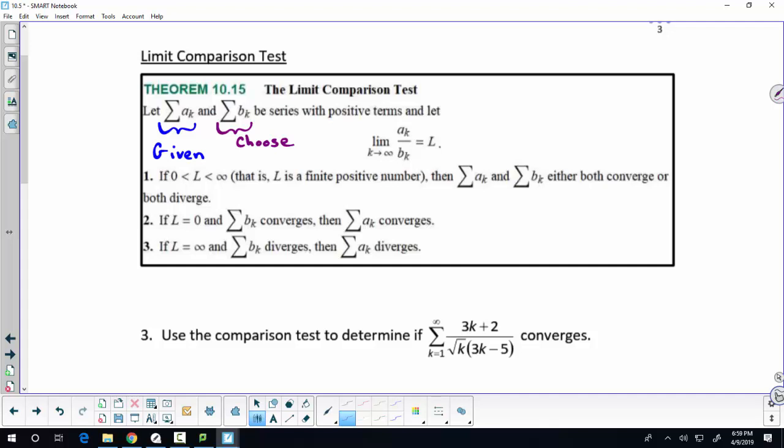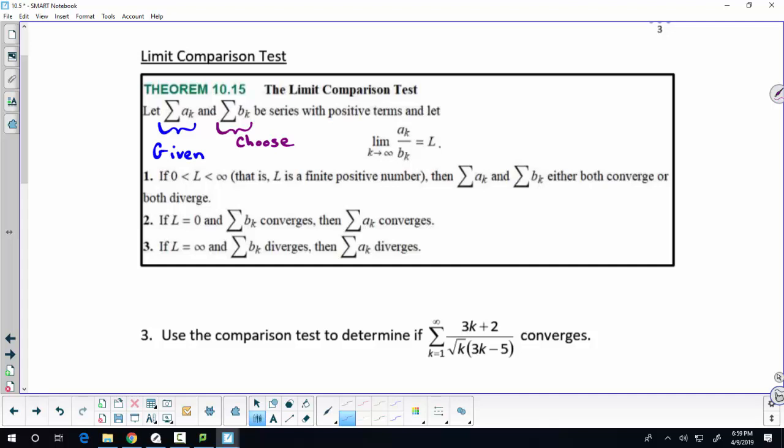So if we chose a convergent series and we got a finite limit not zero, then it's a convergent series. If we chose a divergent series, finite number not zero, then the given series diverges. If L is equal to zero and the chosen series converges, then we can say the given series converges. If the limit is infinite and the chosen series diverges, then A sub k diverges.